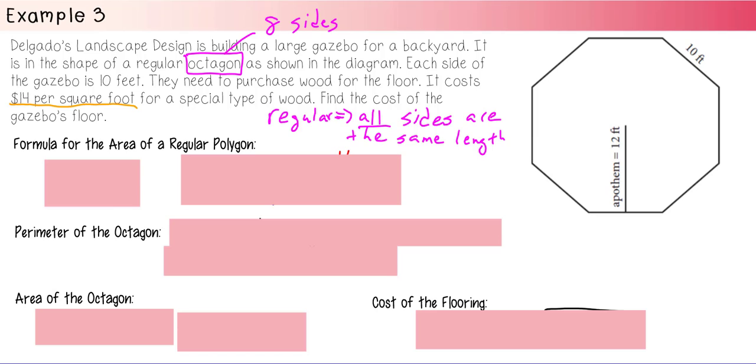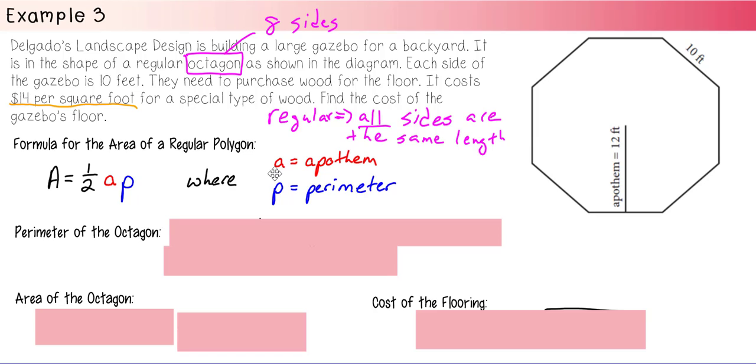You could look at this and say this is a right triangle and figure it out from there, because you know this apothem is 5 feet from the edge, but that would just add a lot. So the one thing to know when you're dealing with regular polygons is the area formula is A equals 1/2 A times P. So remember, P is the perimeter, A is the apothem.